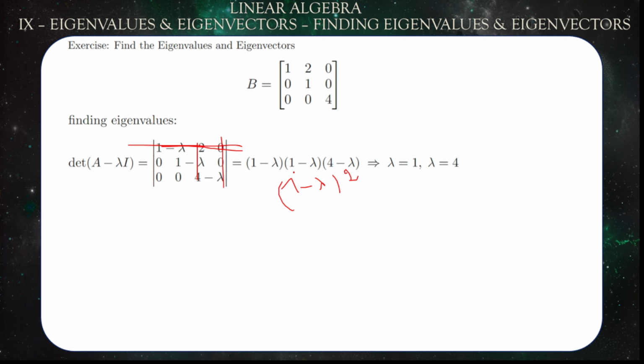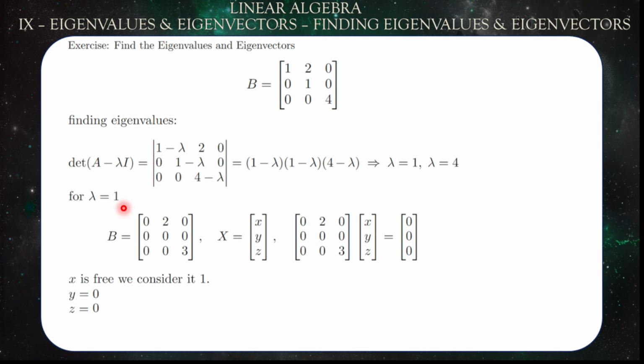For lambda equal 1, you have 1 minus lambda squared, so the algebraic multiplicity of 1 is equal to 2. Multiplied by 4 minus lambda, the second root is lambda equal 4. Its algebraic multiplicity is 1, because it's occurring only once.